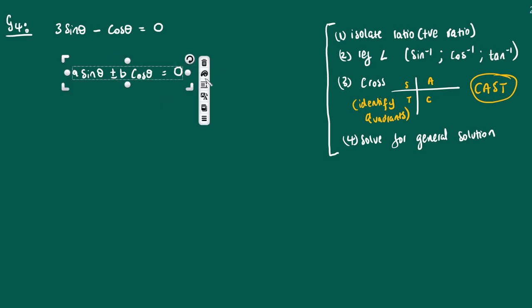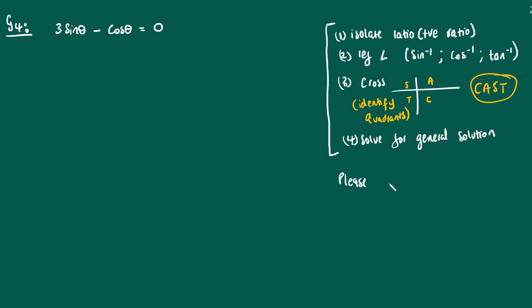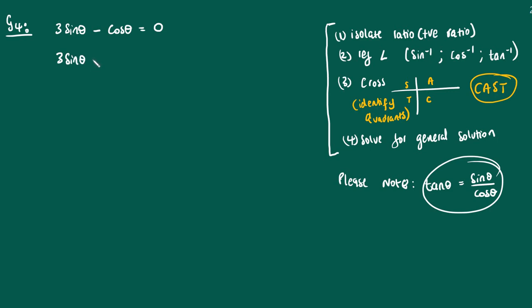You are going to simply turn that into tan, because please note that tan theta is sine theta over cos theta. So due to this identity, we can say 3 sine theta is equal to cos theta.